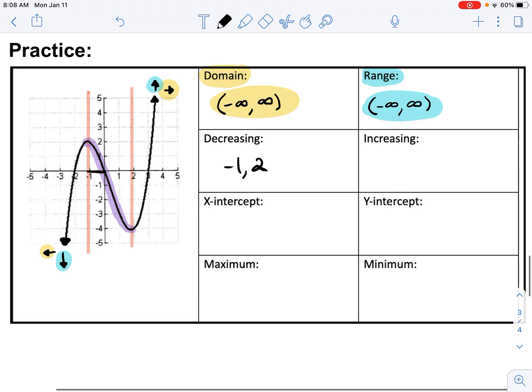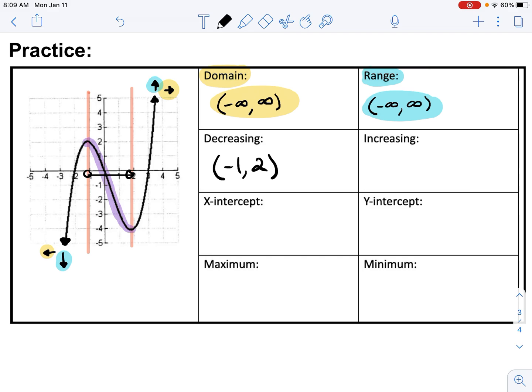So this section right here. Now, because it's going up and then down, it's doing two things at the same time, that can't happen, so I'm going to put a parenthesis. And because it's going down, decreasing, but then increasing at -2, I'm going to go ahead and put a parenthesis for both. And that's the only area where it's decreasing, because remember, we read a graph from left to right.